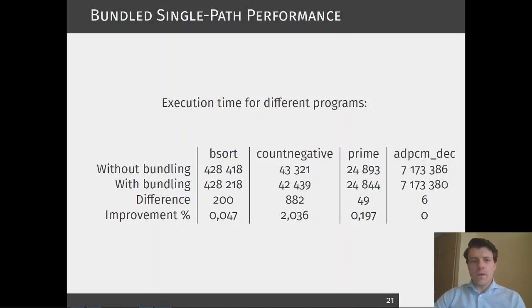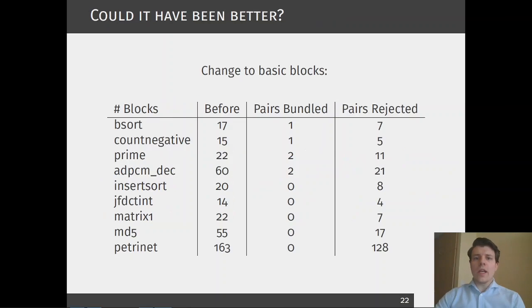So we try to evaluate how that happened, what the algorithm is doing. What we can see here is all 9 programs. In the pair bundled column, you can see that the last 5 have zeros, and this means that no bundling happened. It didn't find any pairs of blocks to bundle together.